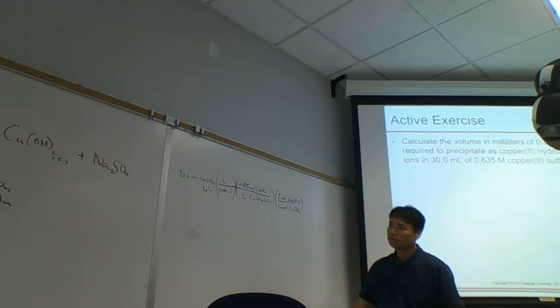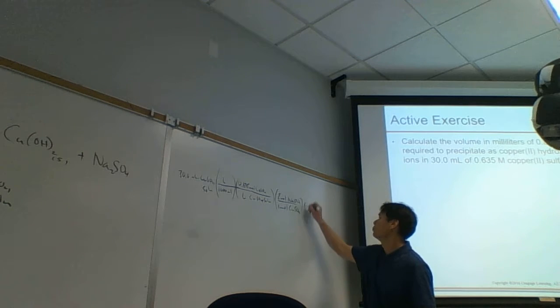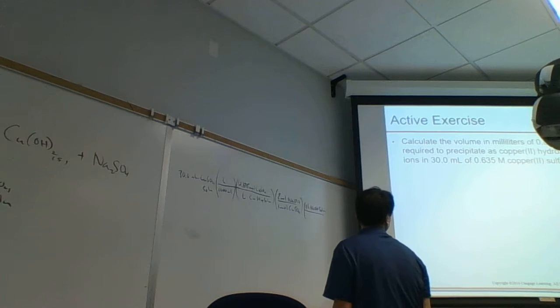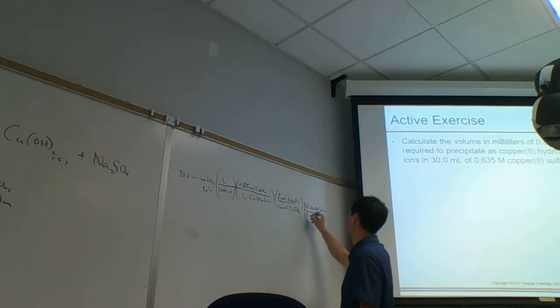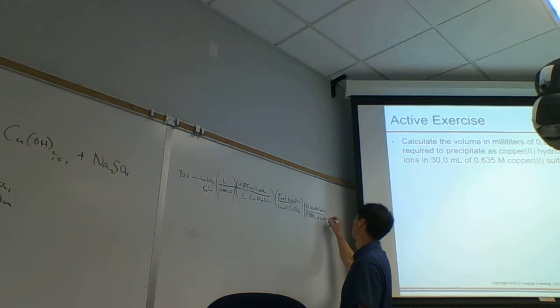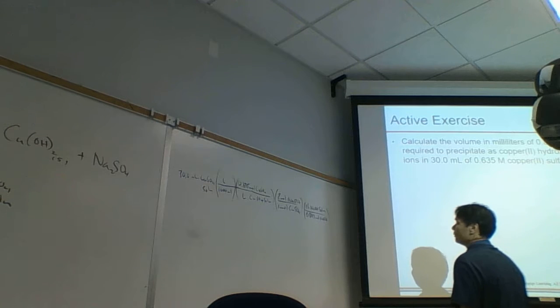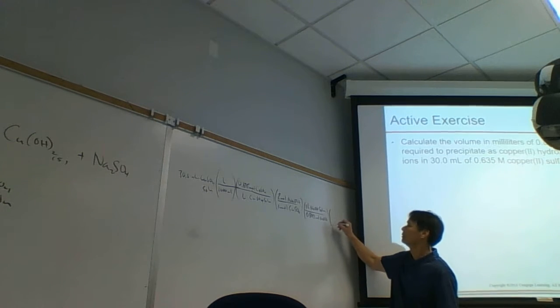Okay, then if we have moles, then we can go straight to liters of solution. And that is 1 liter of sodium hydroxide solution contains 0.842 moles of pure sodium hydroxide. And then we want to go to milliliters.